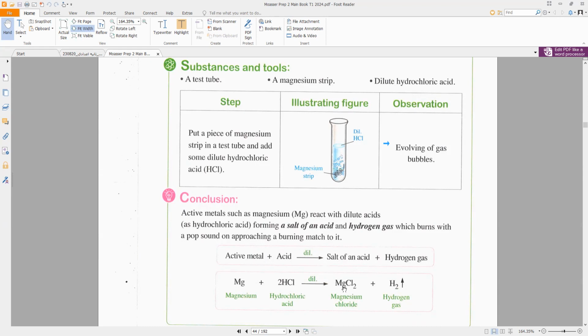So it's called magnesium chloride. This is the salt of the acid, between positive and negative ions from the acid, and hydrogen gas evolved. This is called the reaction between metal and diluted acid. So the metal reacts with hydrochloric acid, forming salt of the acid, but diluted acid, and evolves hydrogen gas.